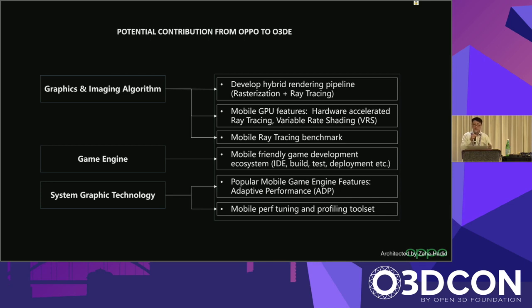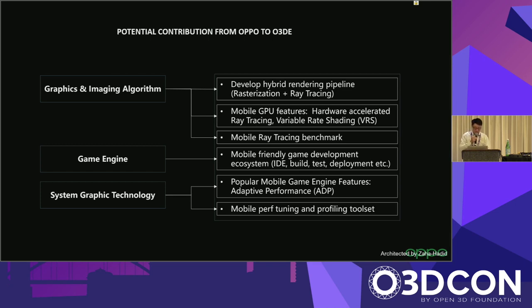Too many setups, too many interactive steps, and if you compare with the commercial game engines, I won't name them, but you can tell the experience is totally different. They have one-click deployment and build test functionality, but for O3DE, it's taking too much time. For individual, non-professional users or non-developers, it's really hard to configure and try this.